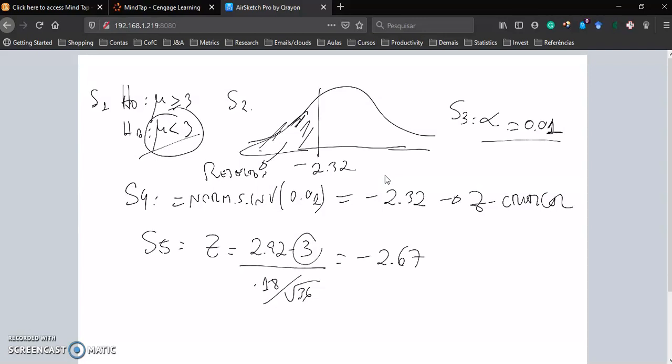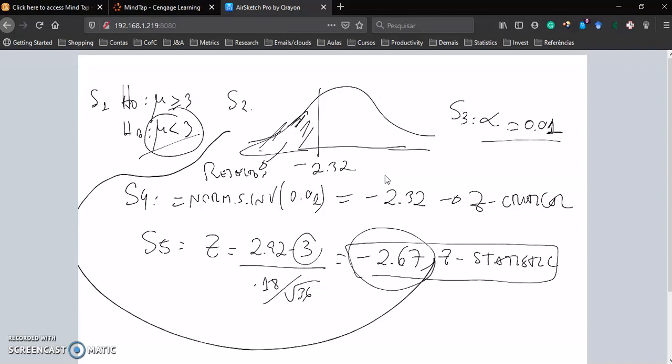So now I compare, this is my z statistic. Now I compare where this number is in this distribution. It is right here, negative, right?